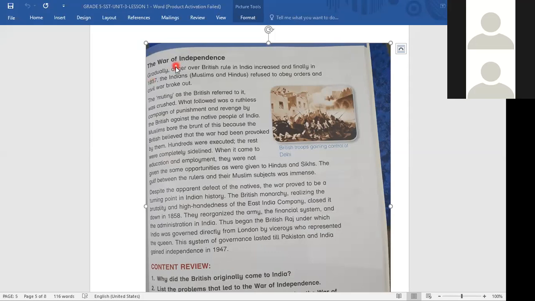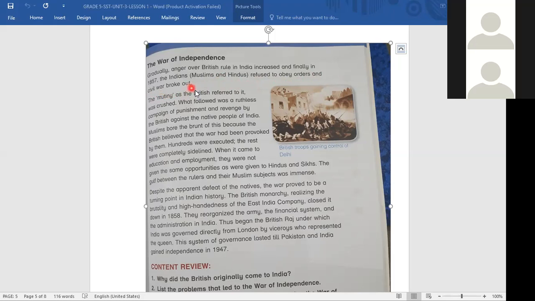British rule in India increased and finally in 1857 the Indians, Muslims and Hindus refused the orders and the war of independence broke out.